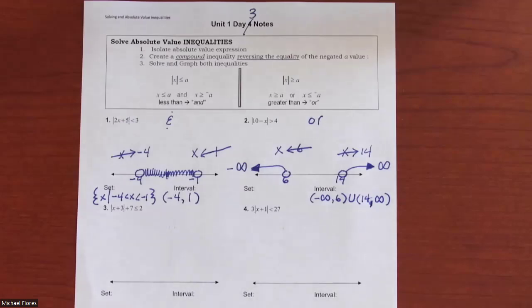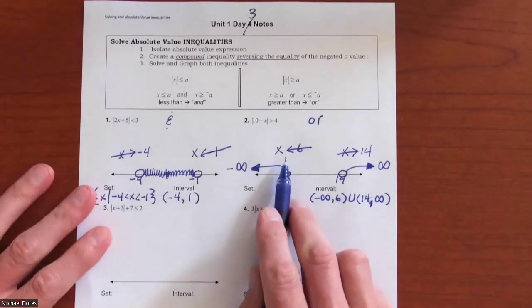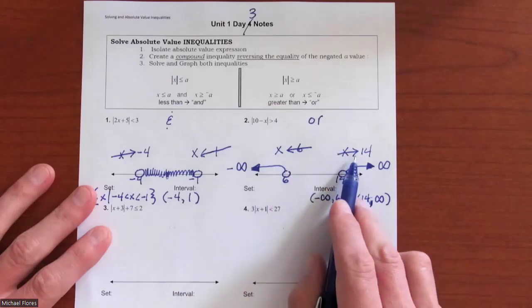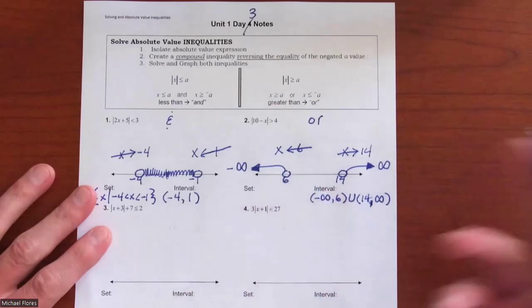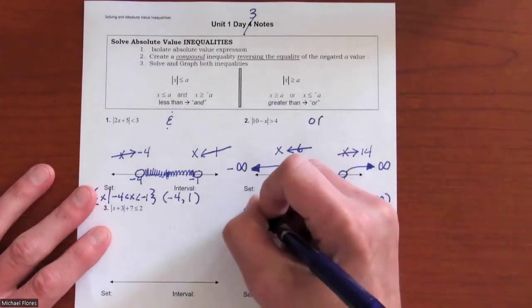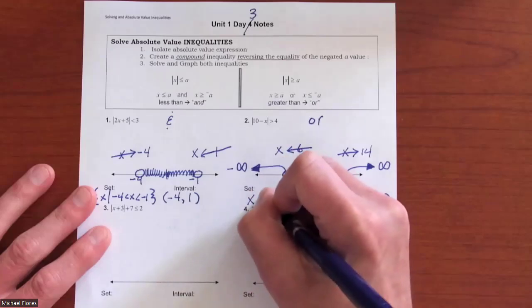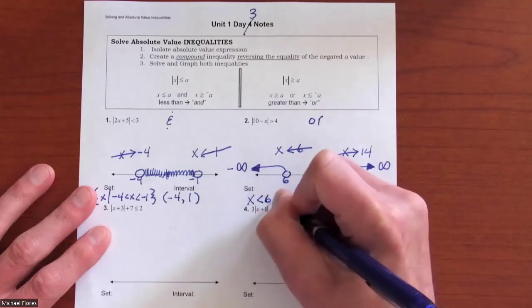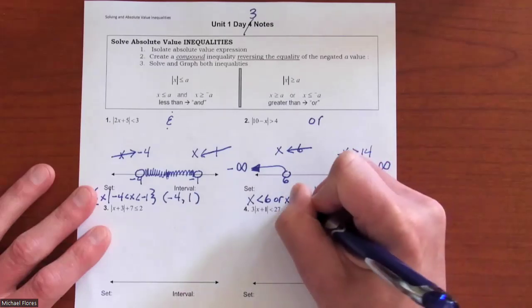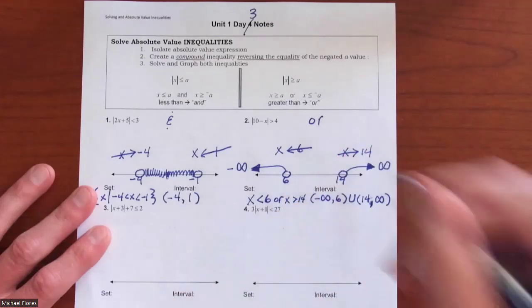And now let's do our set notation. If it's an or statement, it's a little bit easier. Remember when we solved, we got x is less than 6 or x is greater than 14? Sorry about the arrows. Now it kind of looks a little messy. That's pretty much our set notation. X is less than 6 or x is greater than 14.